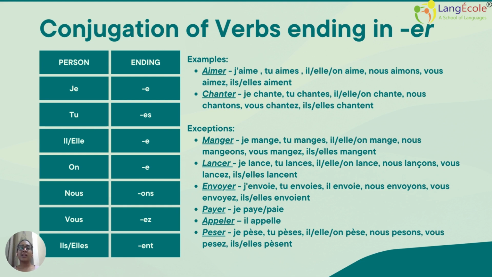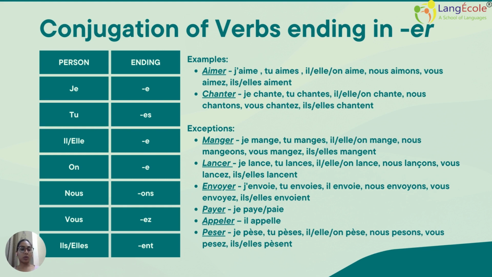For verbs ending in yer, the Y becomes an I in the singular form as well as the third person plural form. For example, the envoyer verb. Here we have replaced the Y with an I. So the spelling becomes ENVOI and then whatever ending we are adding.